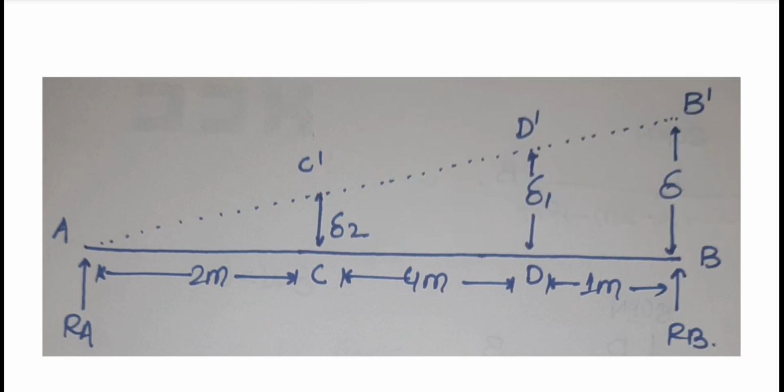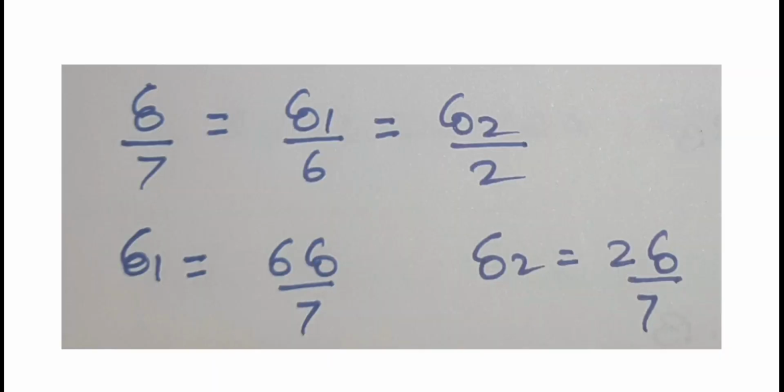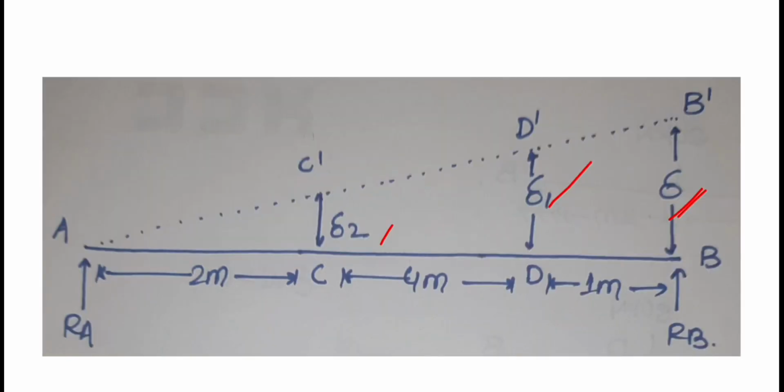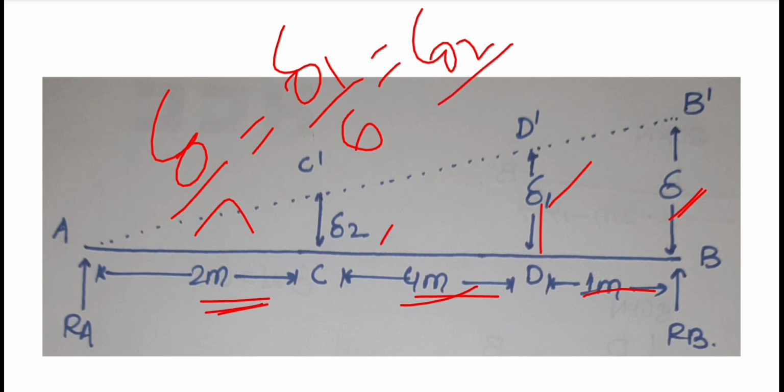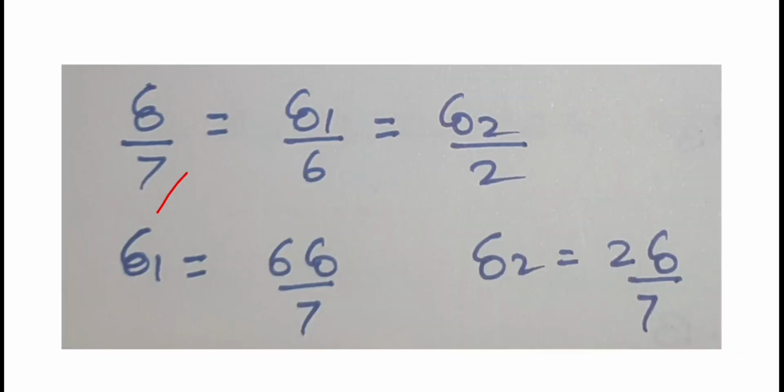Now we will find the values of delta 1 and delta 2 in terms of delta using the similar triangle theorem. Using it we get delta upon 7, that is the total distance, 1 plus 4, 5, 6, 7, equal to delta 1 upon 6, that is 4 plus 2, and delta 2 upon 2.